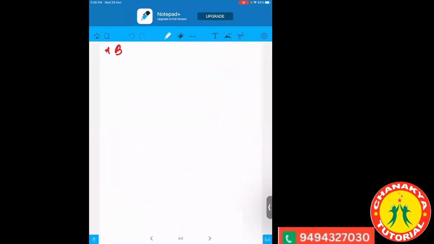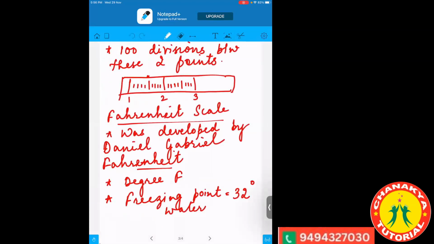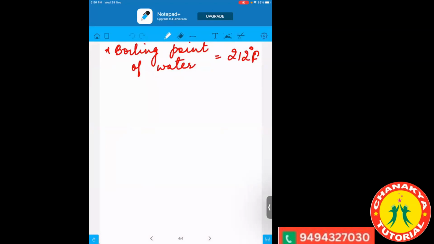Whereas the boiling point of water, any idea how much it is? 212 degrees Fahrenheit. In Celsius, it was 0 degrees for freezing and 100 degrees for boiling, whereas for the Fahrenheit scale, the freezing is 32 and the boiling is 212 Fahrenheit.